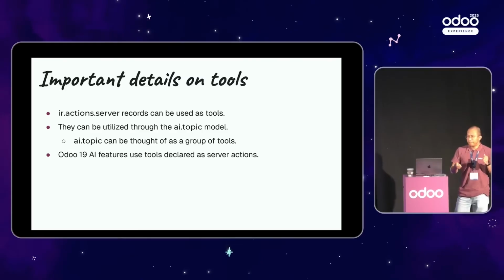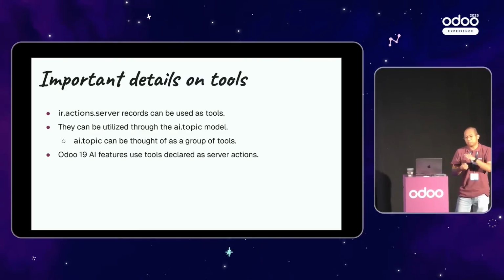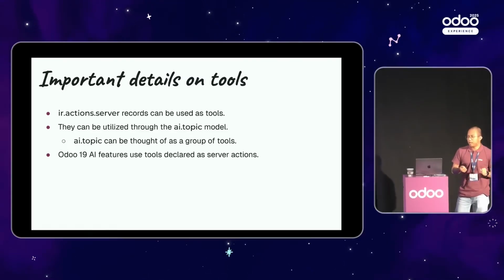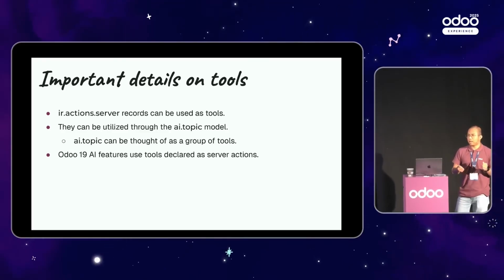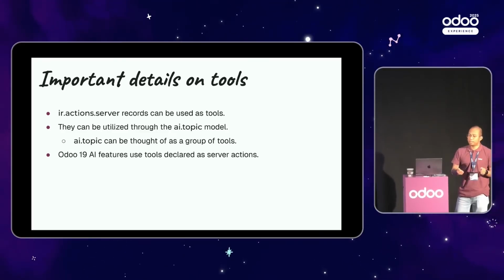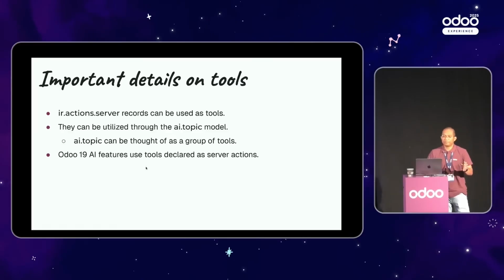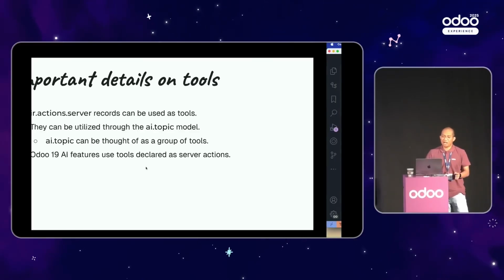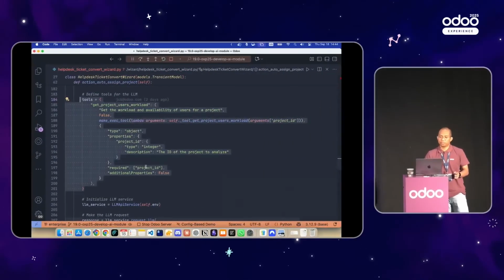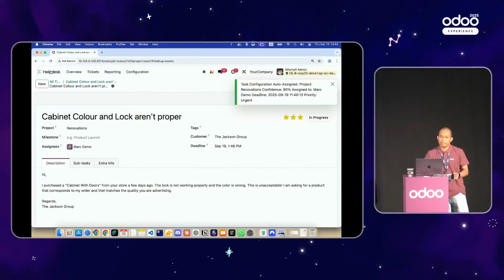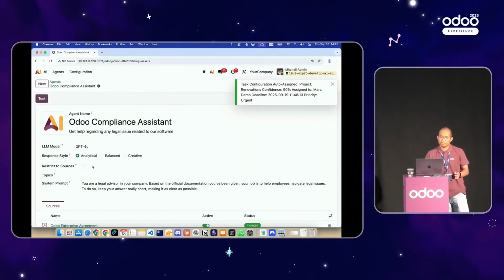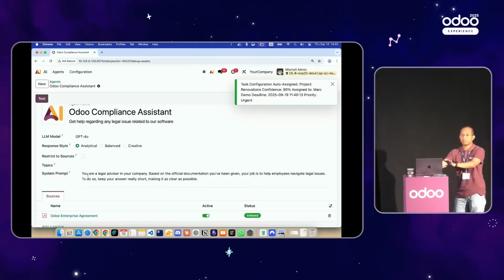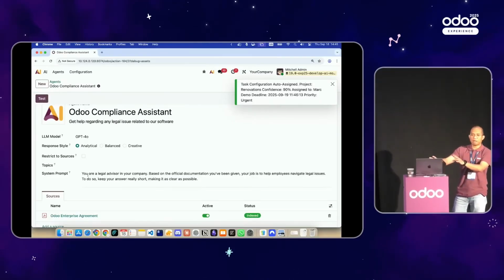If the server action is properly constructed, then the AI will be able to use it. But that is only when you use the chat or a particular agent for your feature.